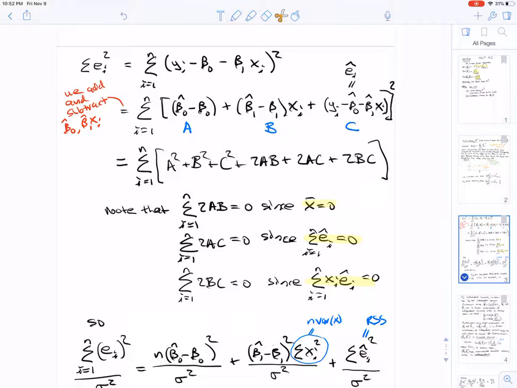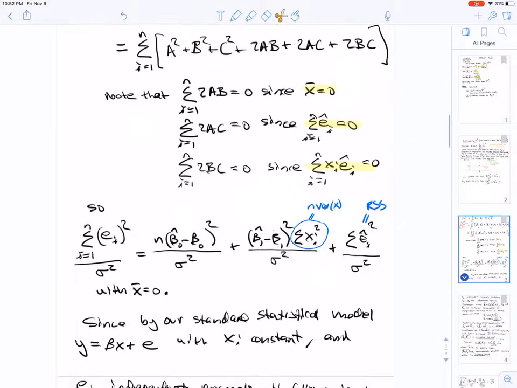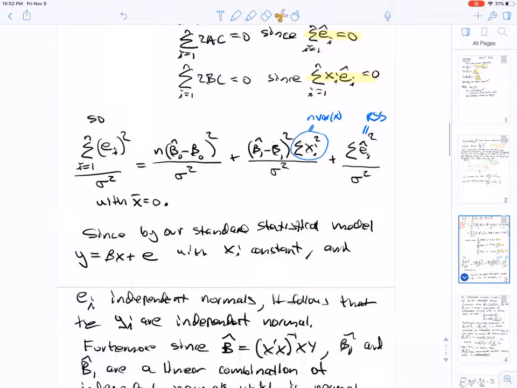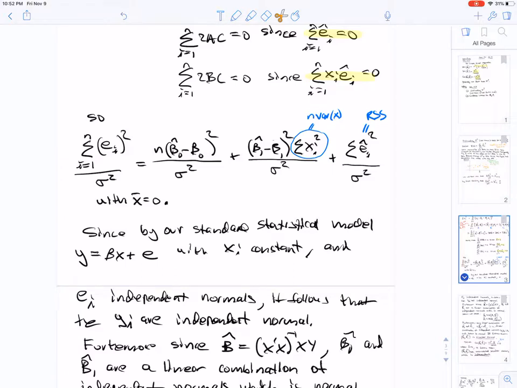Those tell us that the cross terms are all 0. And so the sum of our errors squared over sigma squared is a sum of 3 terms over sigma squared. And here I am assuming that x bar is 0.